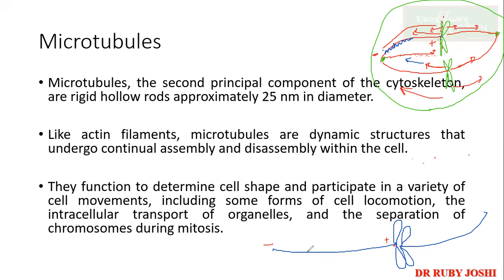You are saying it will depolymerize from the minus end. So what does depolymerizing mean? Slowly, slowly this portion is getting removed, but it is not pulling the sister chromatid in this direction.